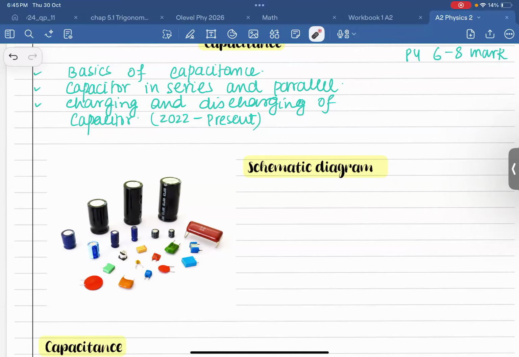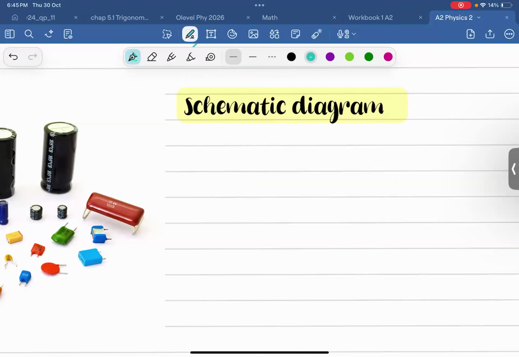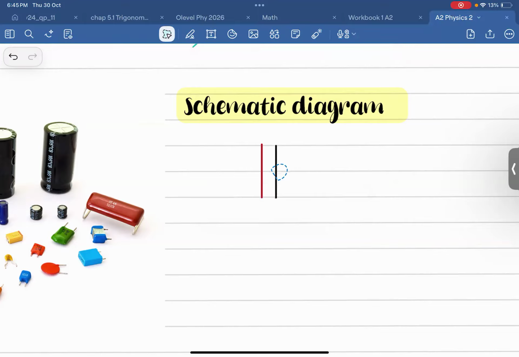Okay, so basically, if we try to draw the schematic diagram for the capacitor, like how you can draw it on the paper or on your answer sheet, this is how it should look. One of the terminals is going to be positive, and the other terminal is going to be negative, and you will have a wire or a leg like this.